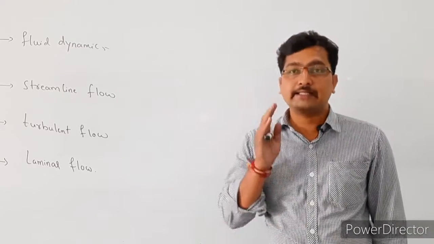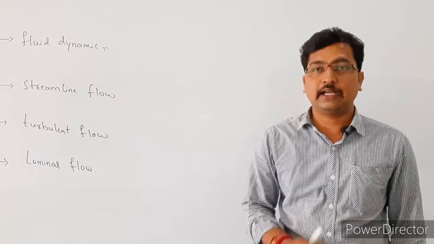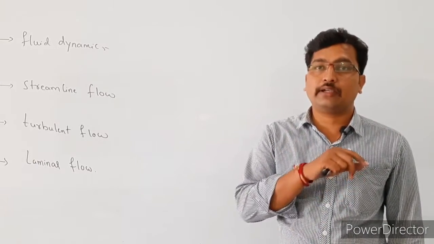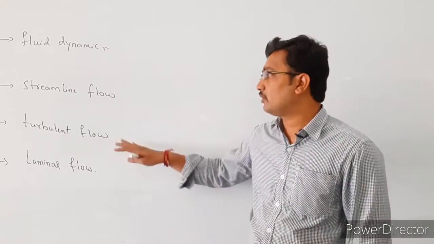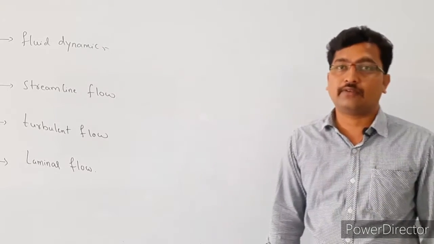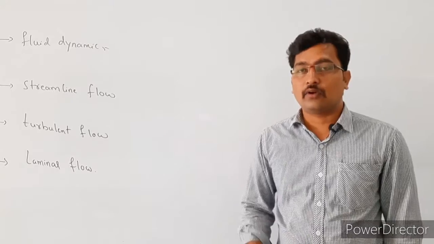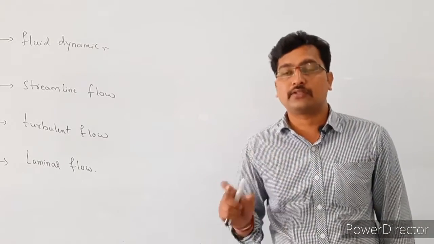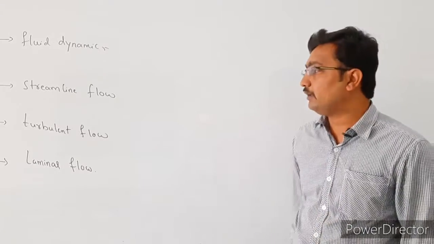Turbulent flow means irregular flow of fluid, where the velocity of the particle at any point is not the same. That flow is known as turbulent flow. The simple definition of turbulent flow is the irregular flow of fluid.